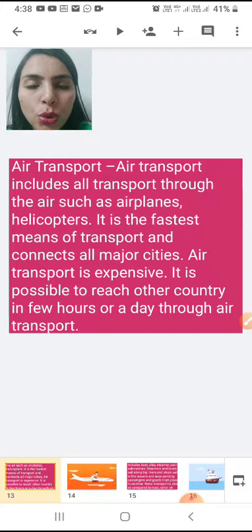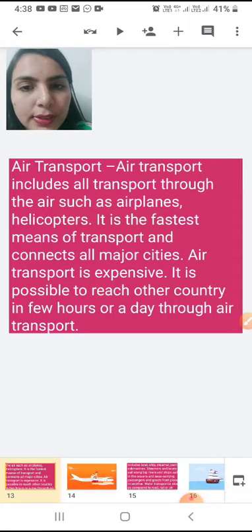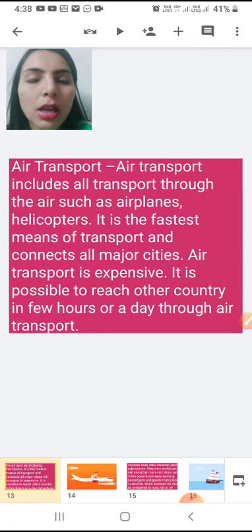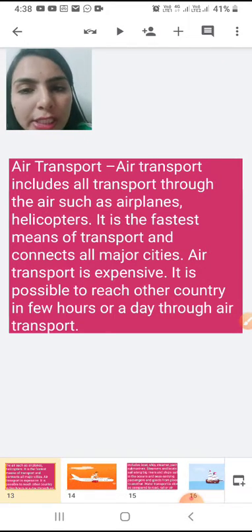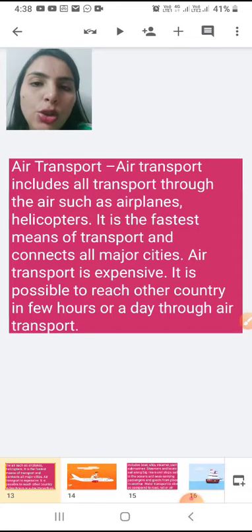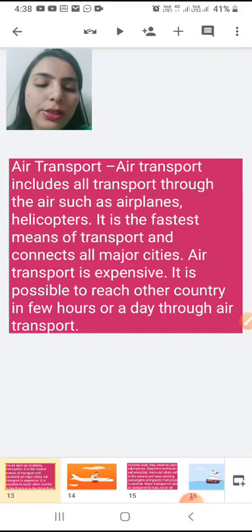Rockets are used for space research. Our scientists send rockets to space for different kinds of research. So it is also one of the fastest means of air transport. So we can use rockets also as air transport. Now see the next.